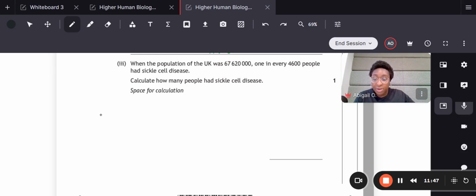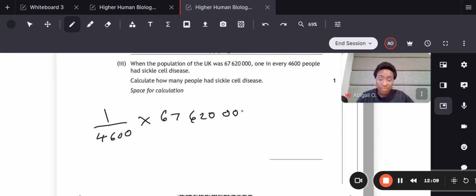Okay, if we figure out how many people there were, so there was one in every 4,600 people, and we knew that there was a total of 67,620,000 people, it means that if we times those two things together, 1 over 4,600 times by 67,620,000, that would tell us that when the population was this size, how many of those people had sickle cell disease? And the answer is 14,700.